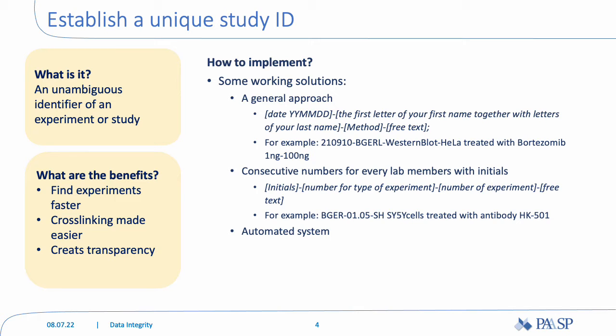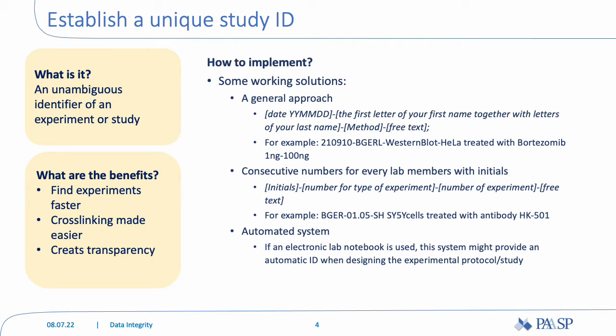For example, we start with the initials BGER, followed by 01, which is the code for Western blotting, followed by 05, indicating that this is the fifth experiment of this type carried out by this researcher. A short description of the experiment provides further identification.